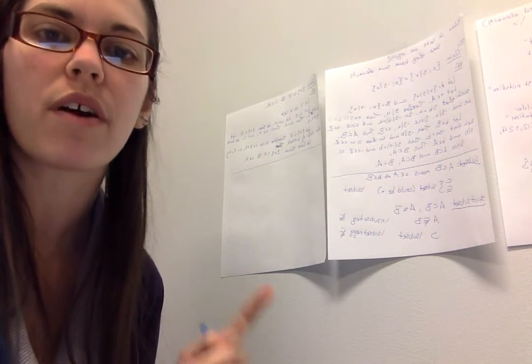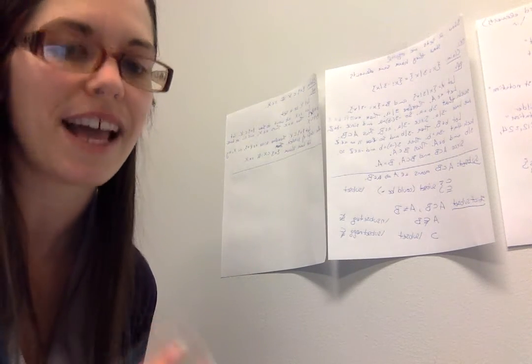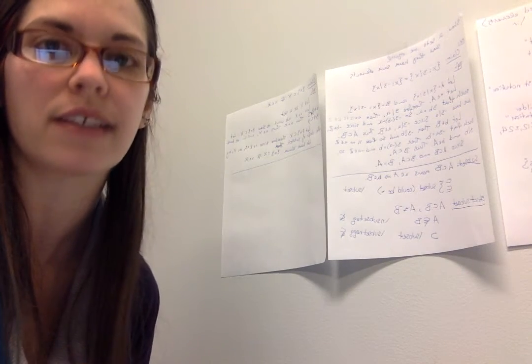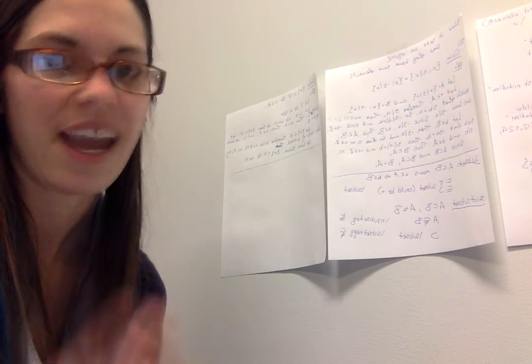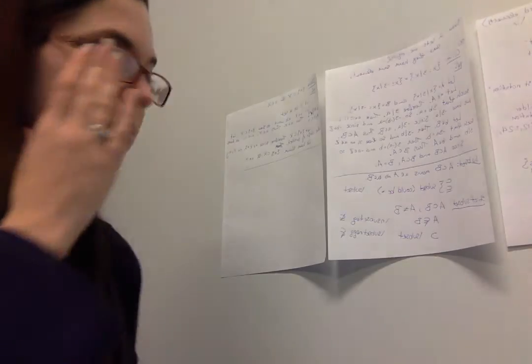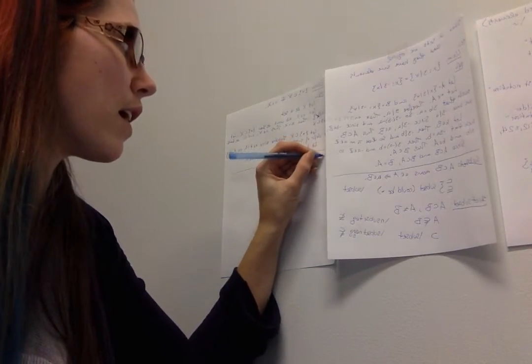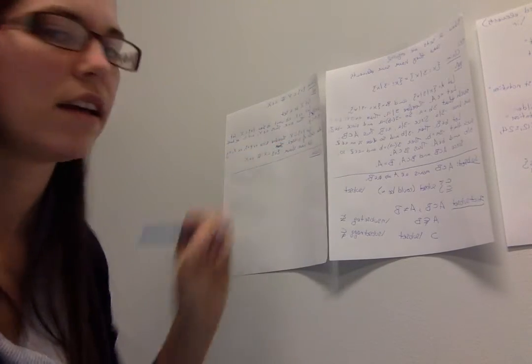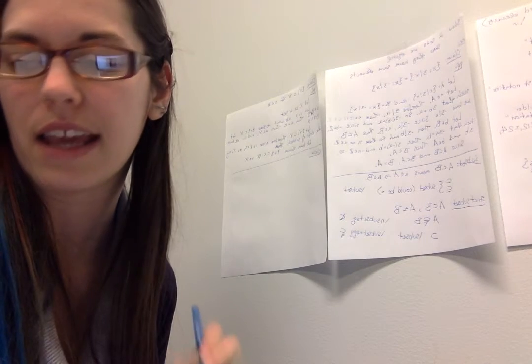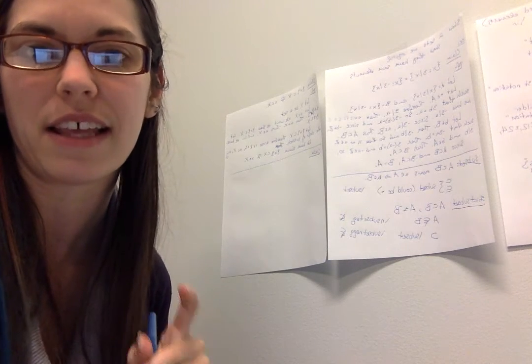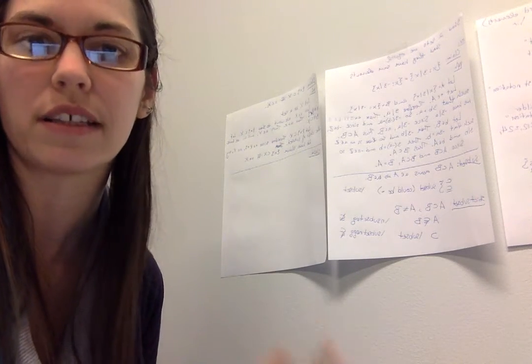The next thing that we're going to do one example of, the last thing, is just a proof that something is not a subset of something else, and that's actually a really, really easy proof. The two sets I'm going to look at are the set of things divisible by 12 and the set of things divisible by 8.